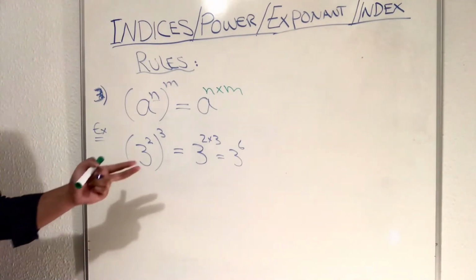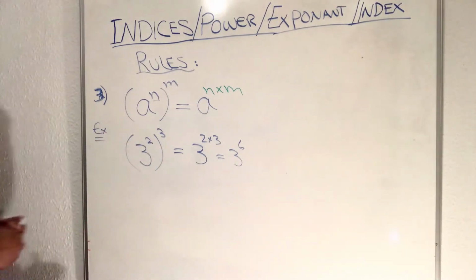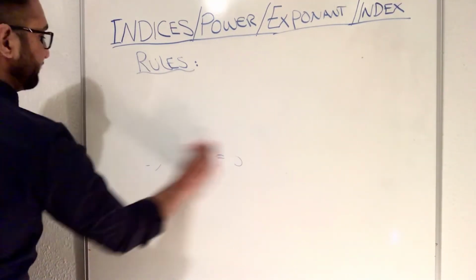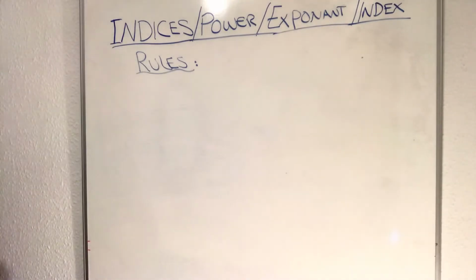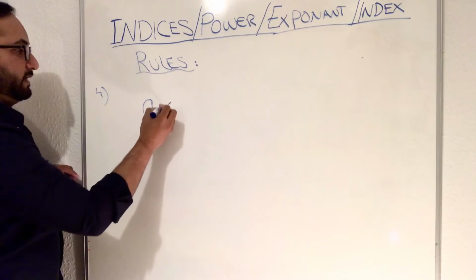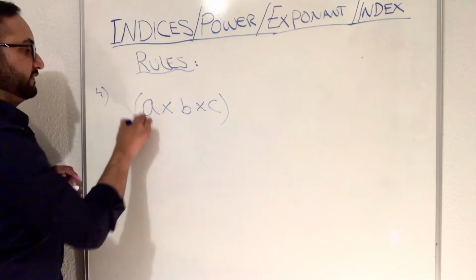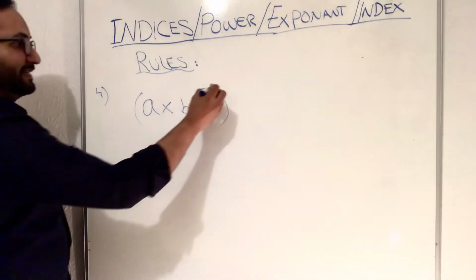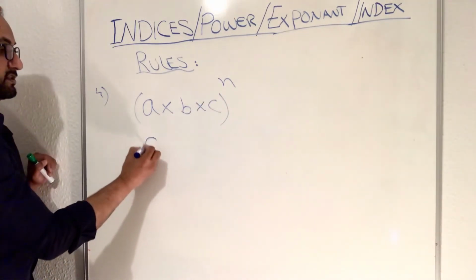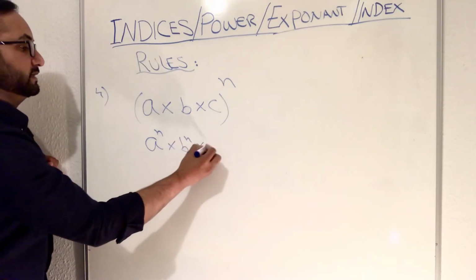Now another example, if they have different values. The fourth one: if I write A times B times C, they have 3 different values, and it has a power n. So this power n will distribute to every number: A power n, B power n, and C power n.